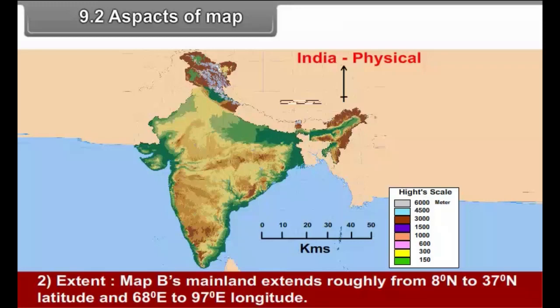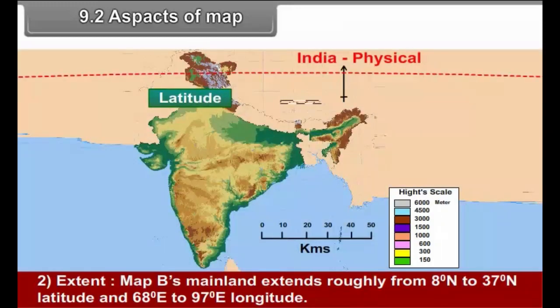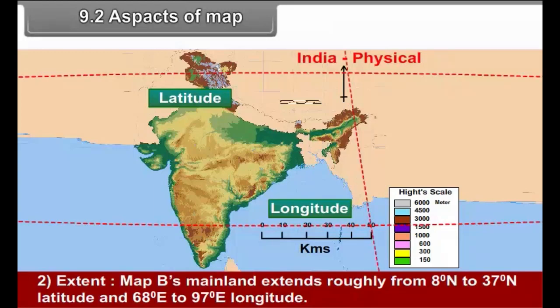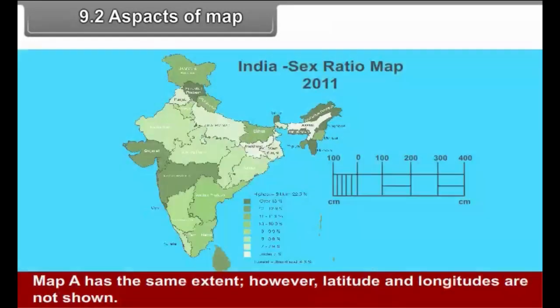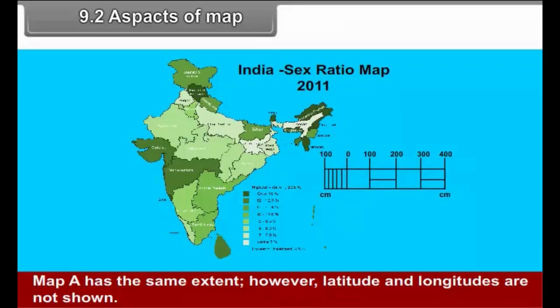Map B's mainland extends roughly from 8 degrees north to 37 degrees latitude and 68 degrees east to 97 degrees east longitude. Map A has the same extent. However, latitudes and longitudes are not shown.